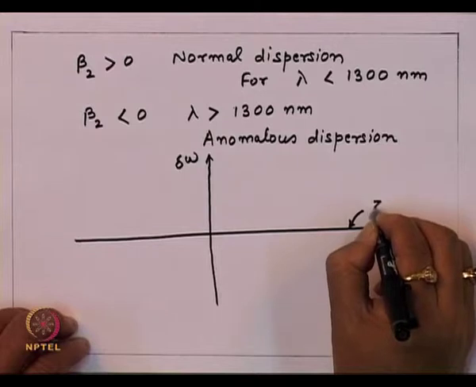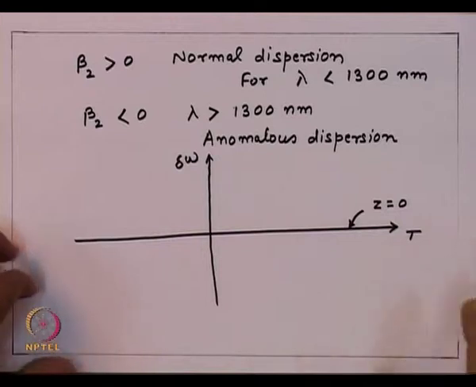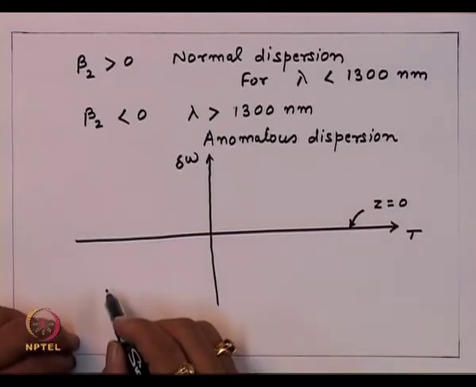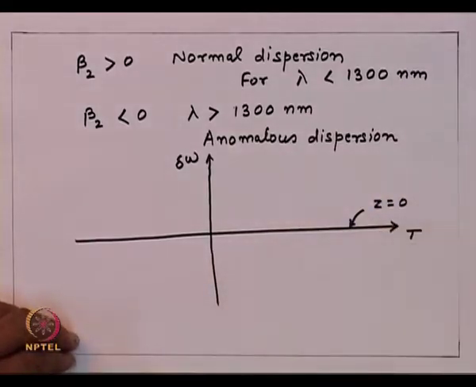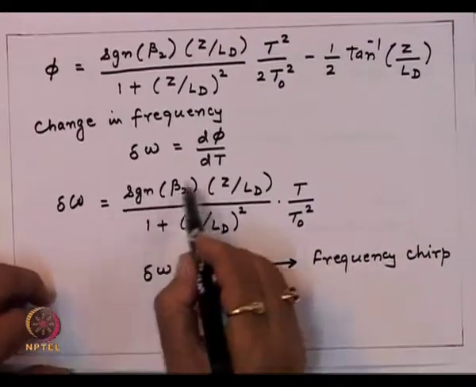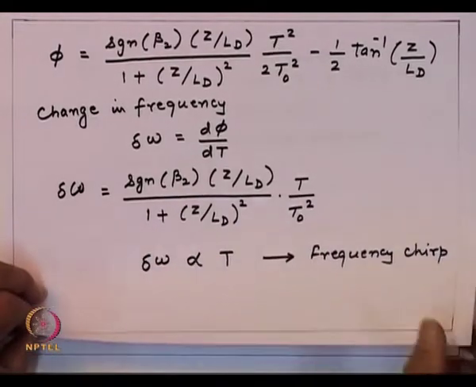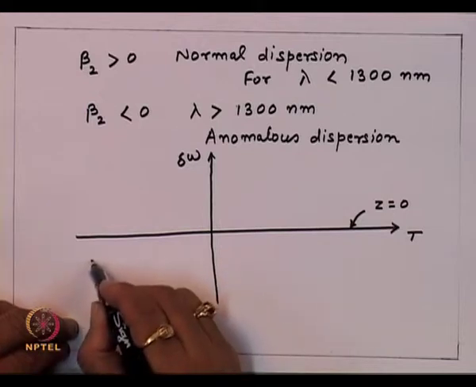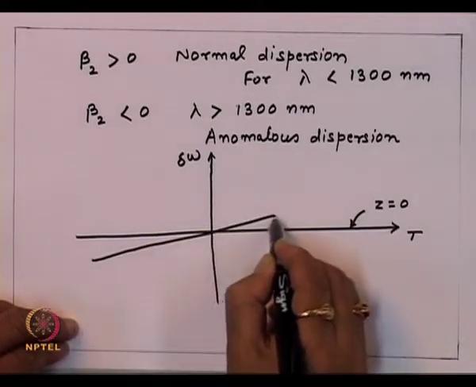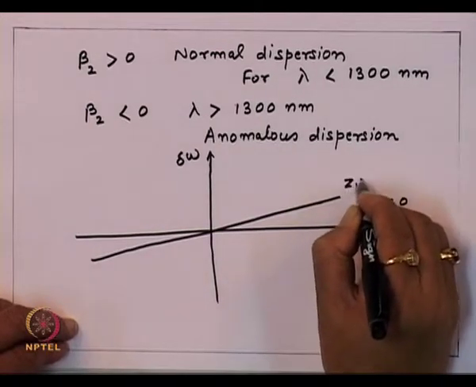This one gives you z equal to 0. As the pulse starts moving, as z increases, you now have a frequency change which is linear, and if I consider the sign of beta 2 positive, then the frequency increases as a function of t and goes from negative to positive. So, this is for some value of z 1 greater than 0.